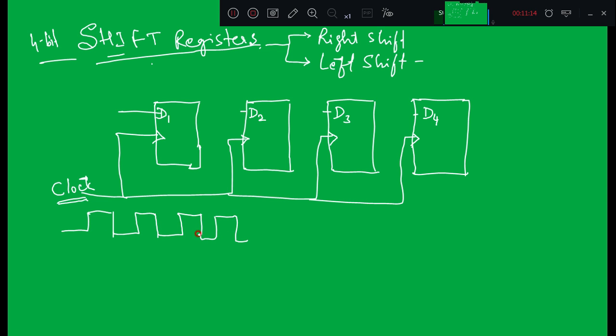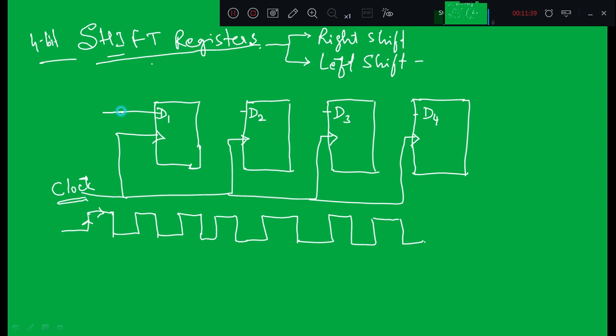It is a square waveform. We can talk about an edge triggered flip-flop or a level triggered flip-flop. Here I will consider the edge triggered flip-flop. This is the waveform of the clock.